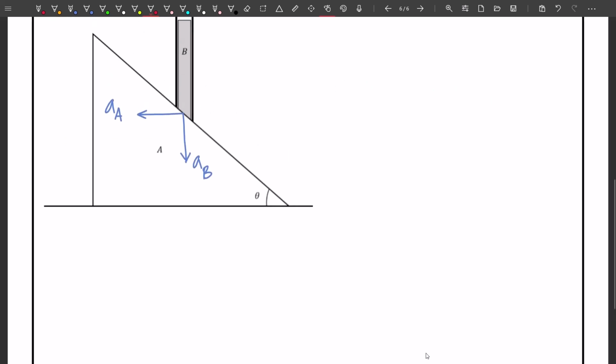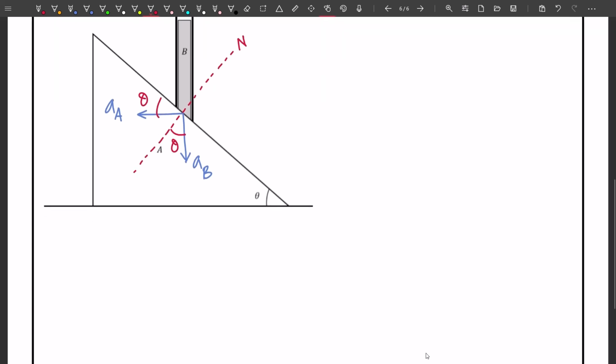Let's draw the normal here. If this angle is theta, so this angle will be theta. This angle is 90 minus theta, so this angle is theta, right?